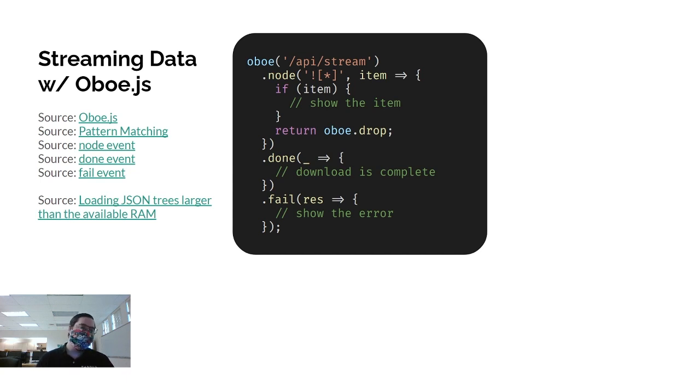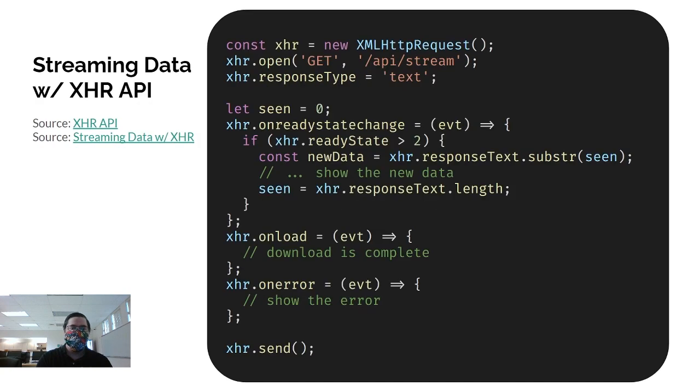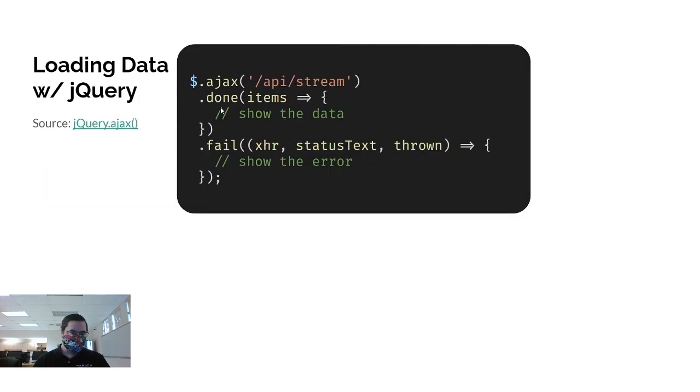And then basically, I hook up some handlers. So remember when we were doing this with jQuery, we had done and we had fail. Done was what happened when all the results were there. Fail is what happens when something goes wrong.